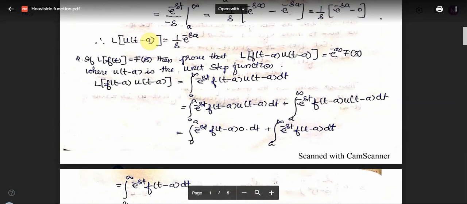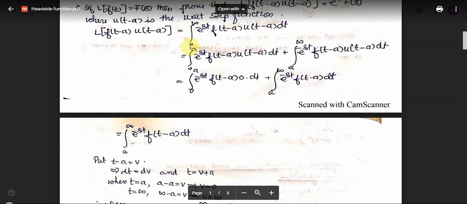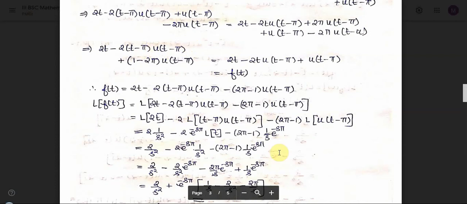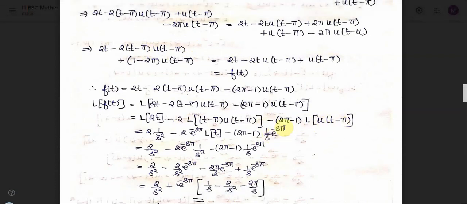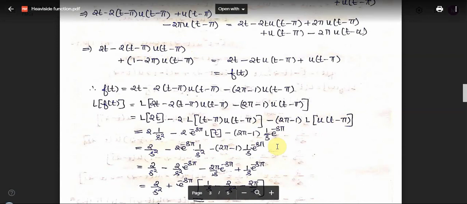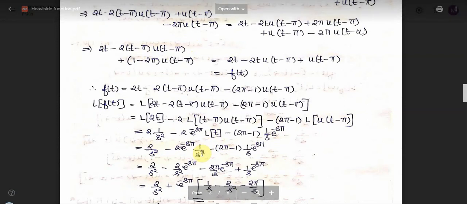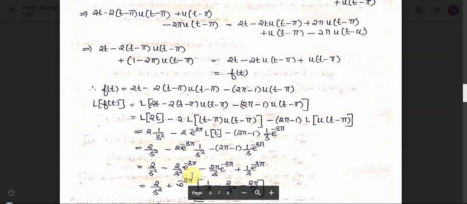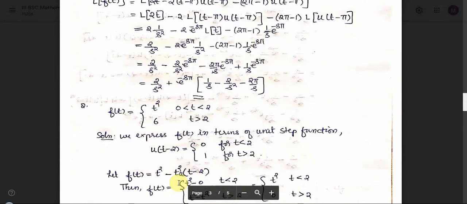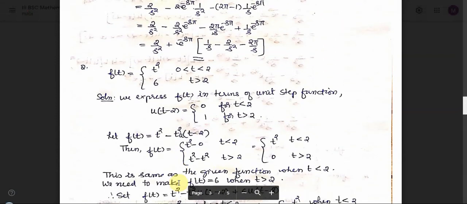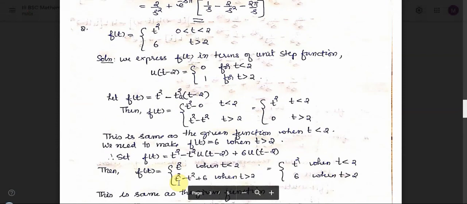A is this number over here. Therefore, L of u of t minus pi will be 1 by s into e power minus s into pi. Simplify this. L of t is 1 by s square, minus the same term over here. Open the brackets and simplify. You are going to get this answer. Therefore, this is a slightly lengthy problem, but you should be very careful in solving this.